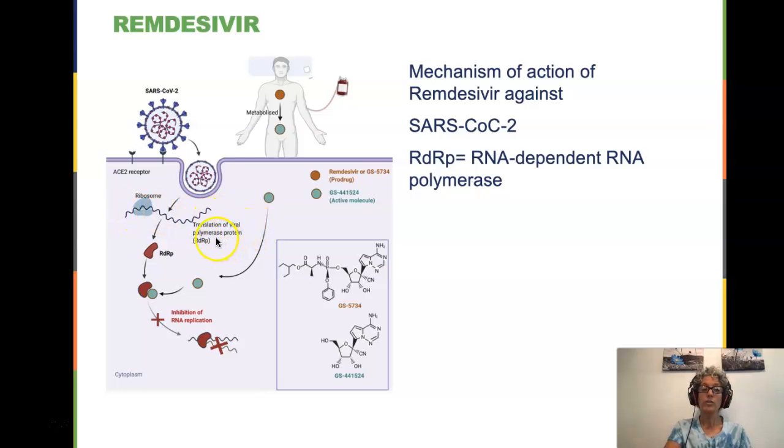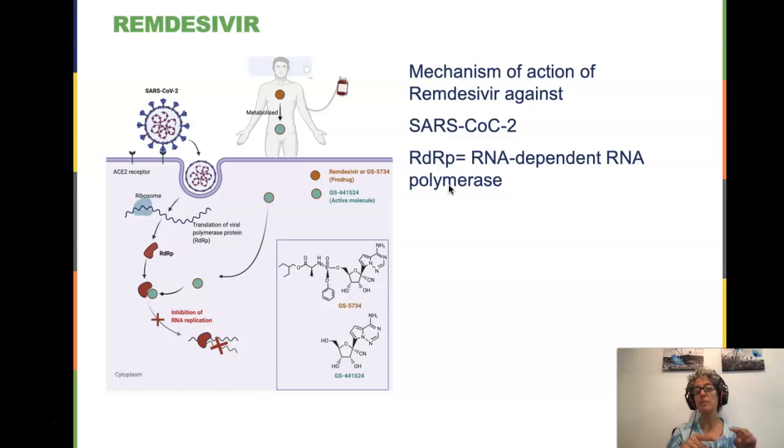And then we also get this protein called RdRp, which is RNA-dependent RNA polymerase. In cells, RNA polymerase binds to DNA and transcribes the DNA to RNA.